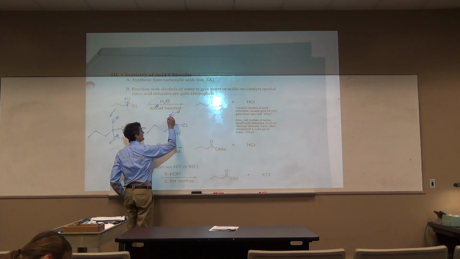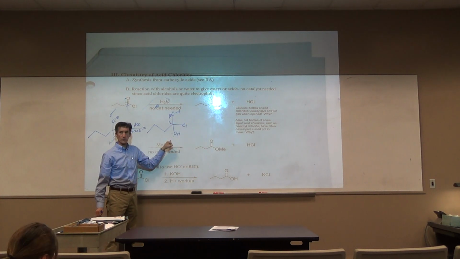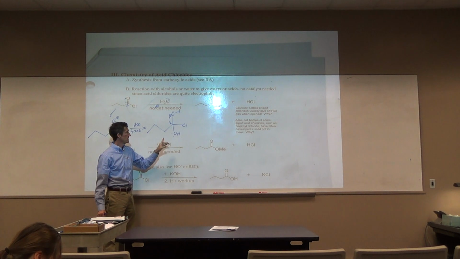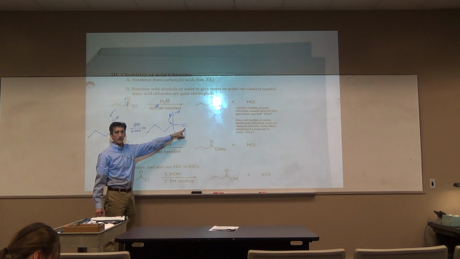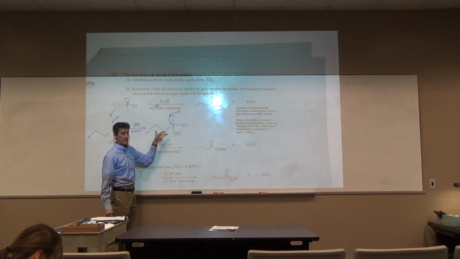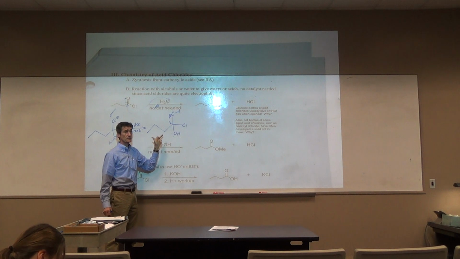Now, anytime you make a pi bond, now which is a better leaving group, Michael? Chlorine or OH? Now it's clear. If you go back to SN1, SN2 type stuff, leaving group, okay? This needs to be protonated to make it a good leaving group. Now both of these can leave because anytime you make a pi bond, either one can be kicked off.